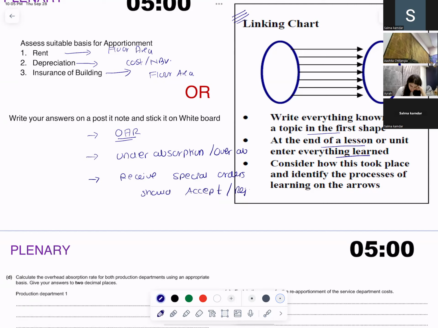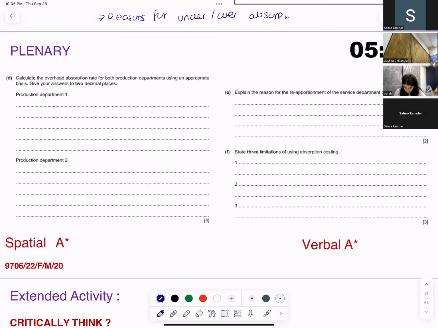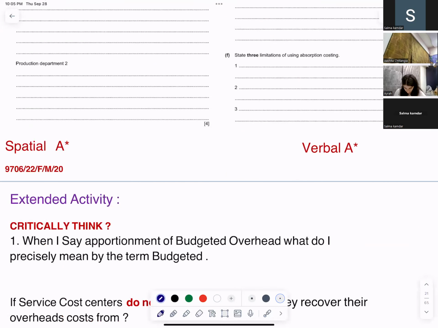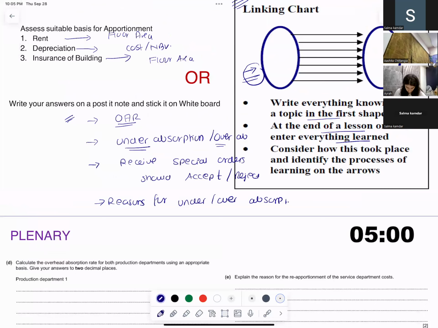And reasons for under and over absorption. Are you with me? This is the extended activity. I want you to fill the linking chart and give it to me, and this is your thinking point.